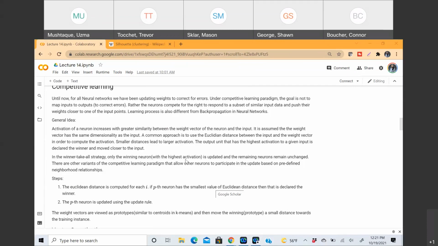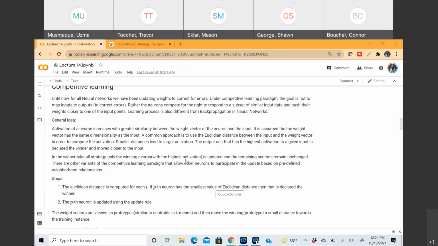In competitive learning, you will have neurons which will have some activation. And I would say the definition of activation is a bit different, in the sense that you're trying to get one or two activations based on how close they are to the input. And you also rank these different activations in some way and get the winner.